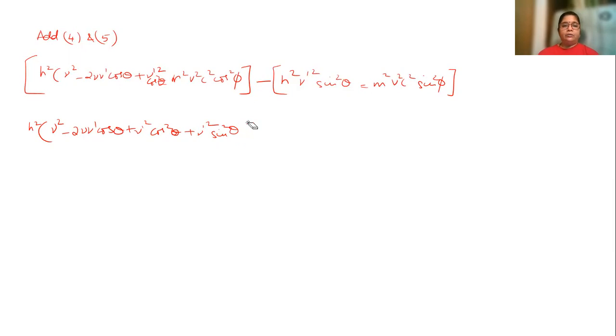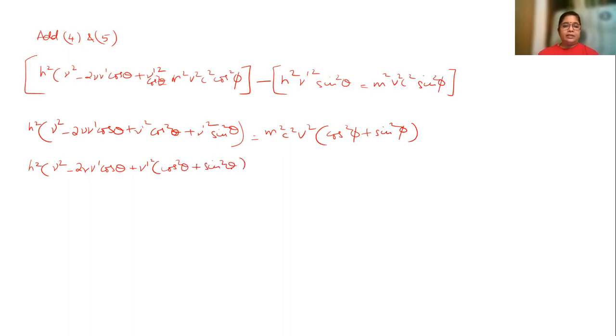Now my right hand side will be m square c square v square times cos square phi plus sin square phi. So I can again rewrite this as h square nu square minus 2 nu nu dash cos theta plus nu dash square times cos square theta plus sin square theta, because both these terms have nu dash square.